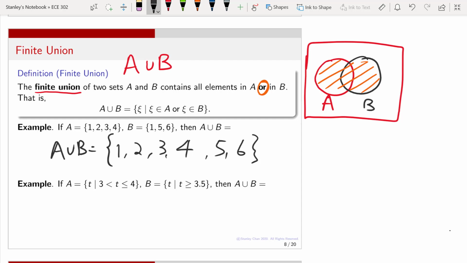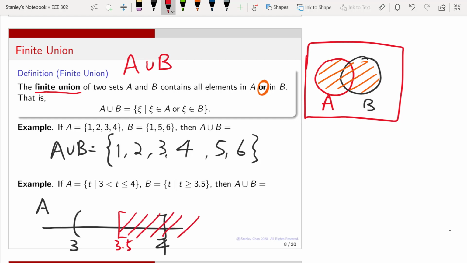Now, how about the other example where A is a semi-open interval and B is another semi-open interval. A would be an open interval from 3 to 4, and then B will be an interval from 3.5.